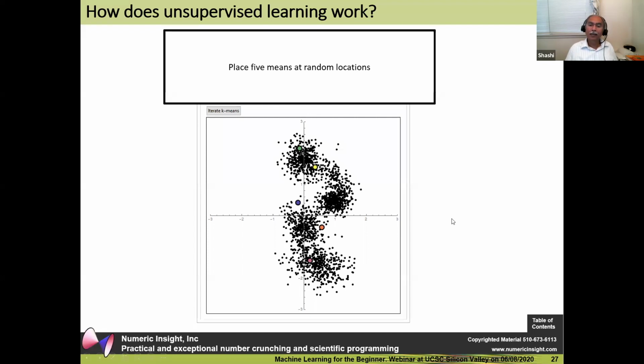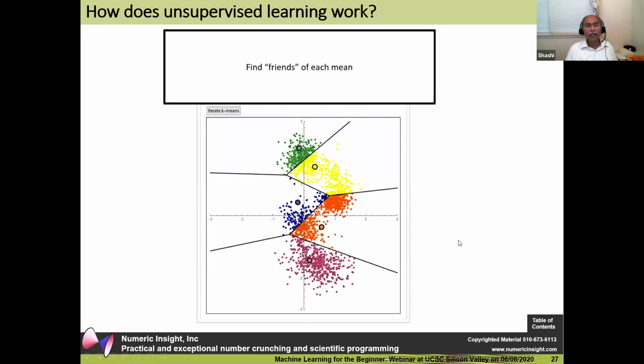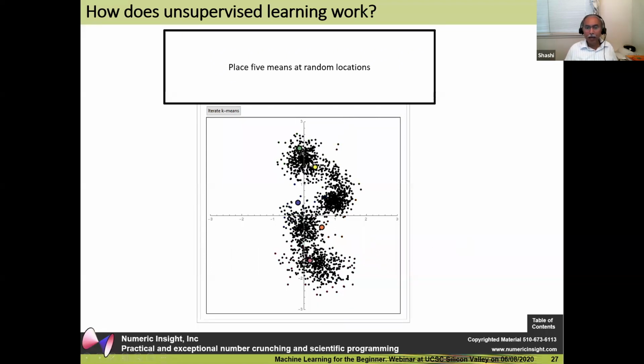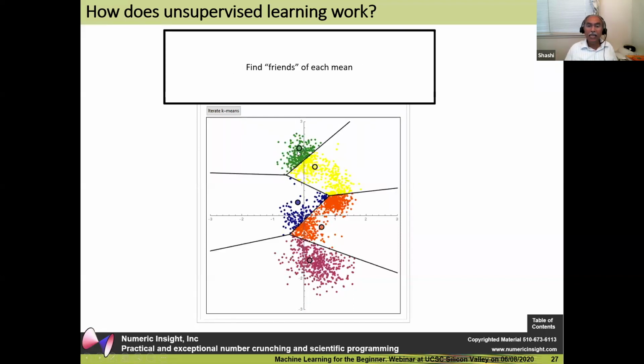What you see here are the 5 points that I threw just now. By the way, I'm calling these 5 points means. Why are they called means? You will see.